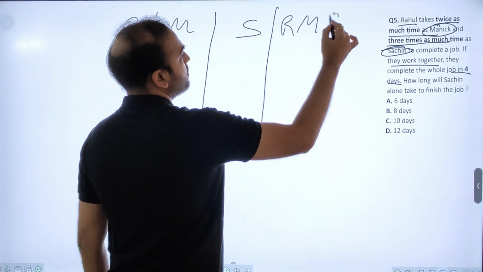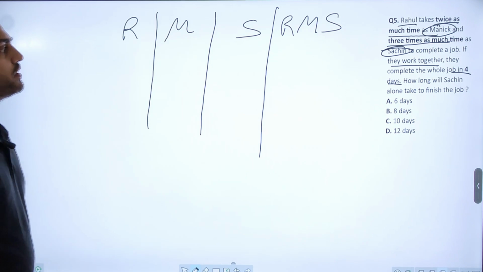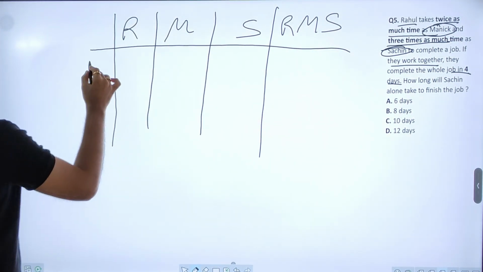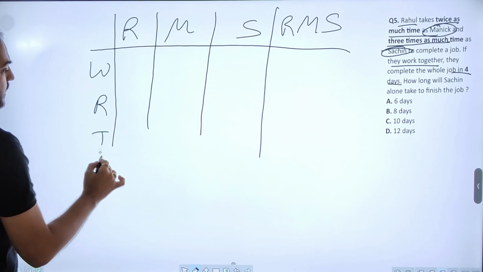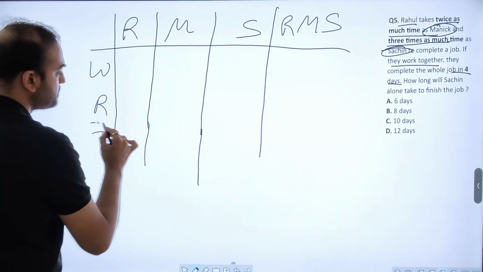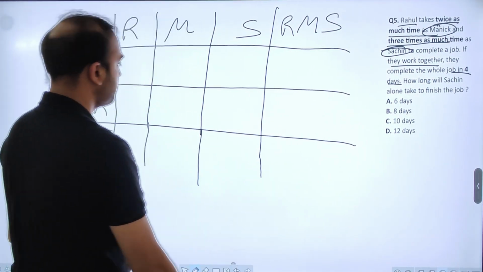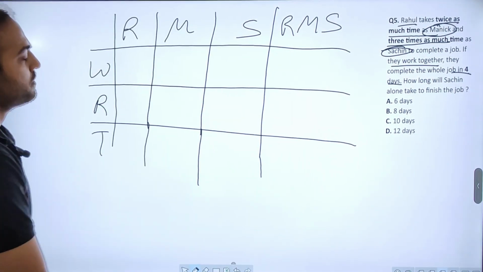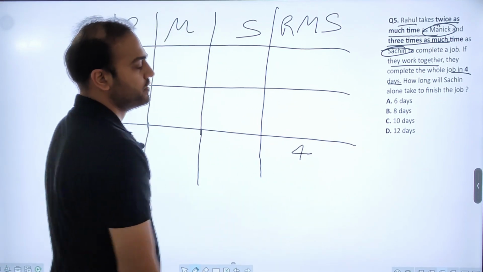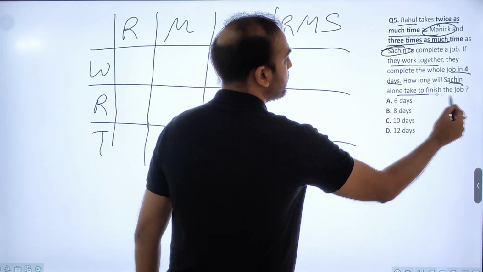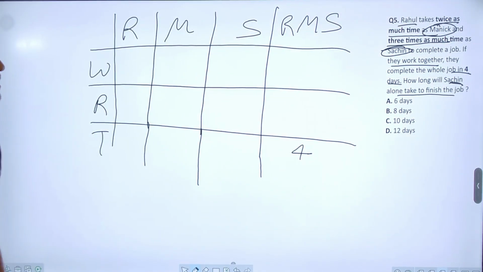So I have my work, rate, time. This is 4 days. The question is, how long will Sachin alone take to finish the job?